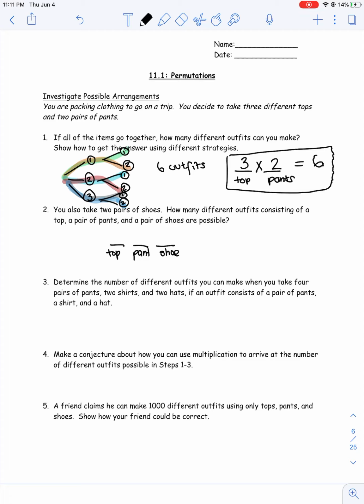We have 3 tops. We have 2 pairs of pants, and 2 pairs of shoes, so there's 2 choices there, and then we multiply between these numbers, so that's going to give us 12 outfits that can be created.